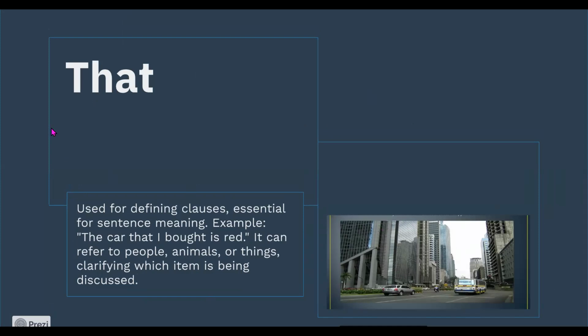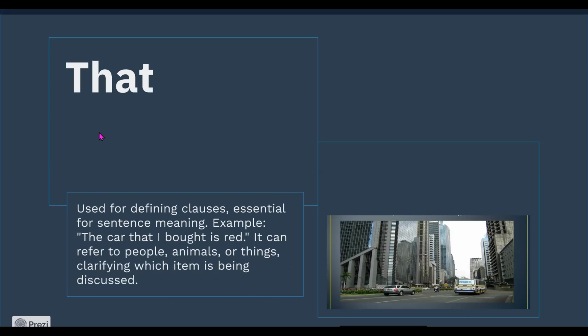Use it for defining clauses essential for sentence meaning. Example: the car that I bought is red. It can refer to people, animals, or things, clarifying which item is being discussed. Good job.